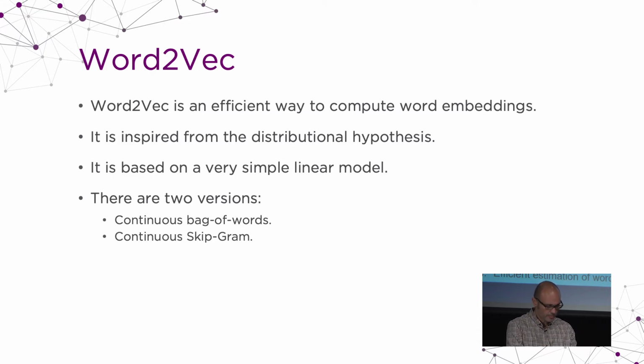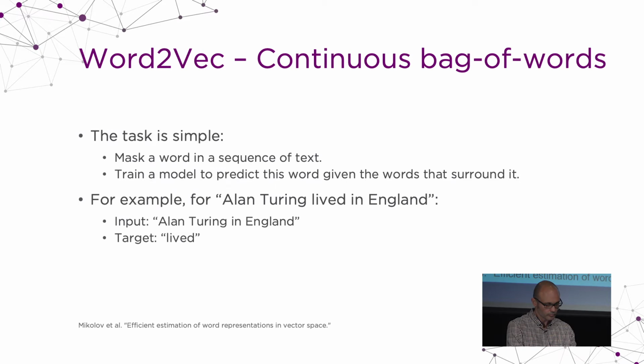The idea with word2vec is that we have a very simple task. Given a sequence of text, let's say a sentence of 5 words, we mask the word in the middle, and we ask the model to predict that word back. It's a very simple task, and you can see the example here.